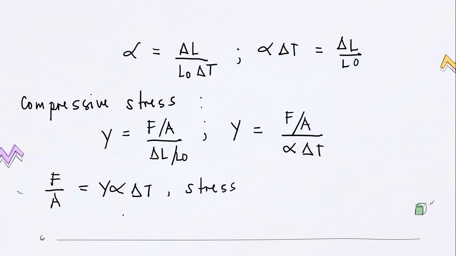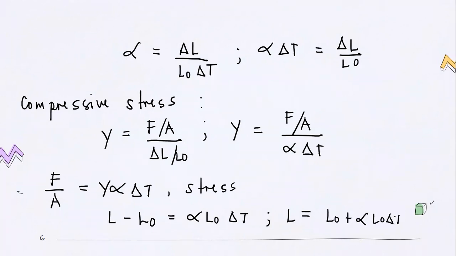Another formula: remember that the change in length, L minus L sub O, is equal to alpha L sub O delta T. Transposing the initial length to the right side, L is equal to L sub O plus alpha L sub O delta T. The common factor is the initial length.